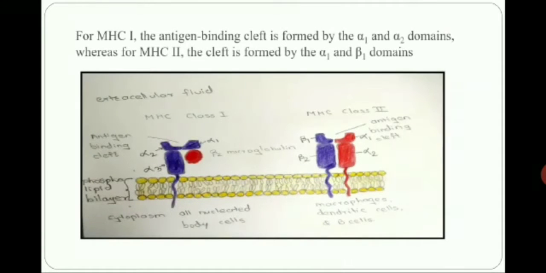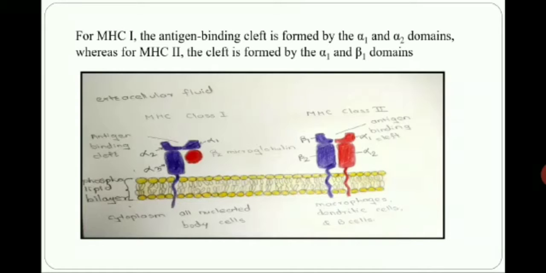If you see the class 1 molecule, it is mainly composed of a long alpha chain which is folded into three domains, alpha 1, alpha 2 and alpha 3, and this alpha chain is associated with beta 2 microglobulin. The alpha chain spans the cytoplasmic membrane.